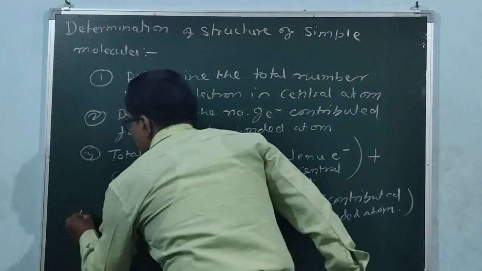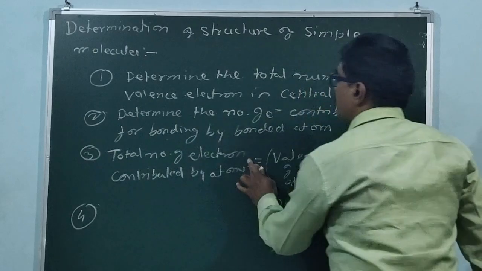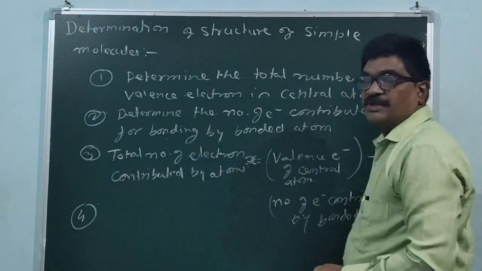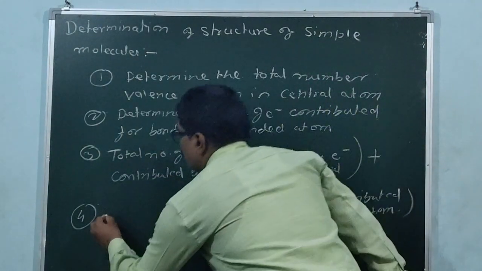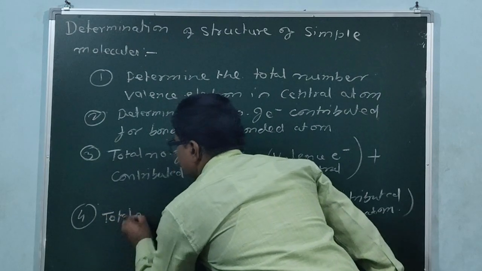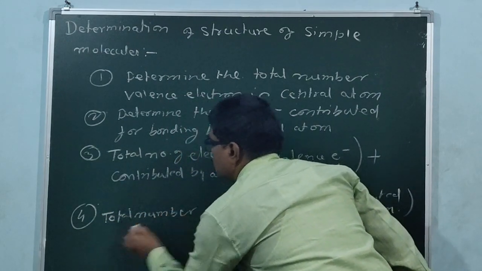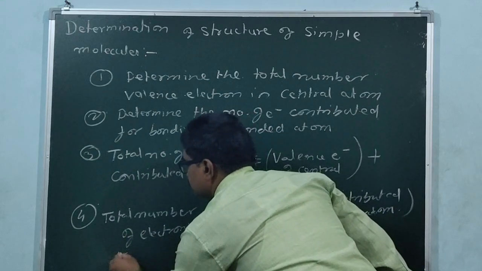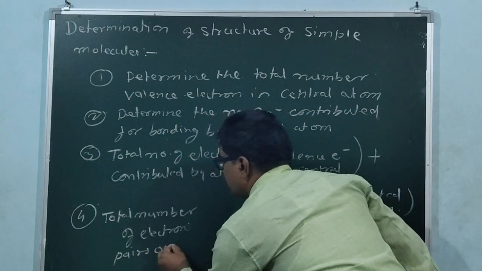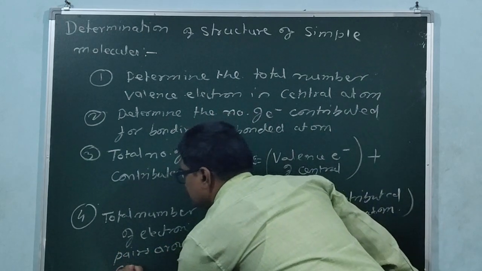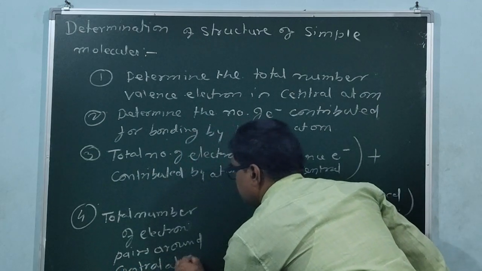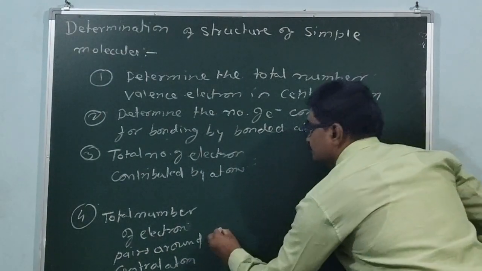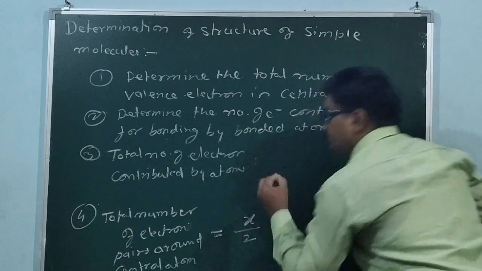Now the fourth step: suppose this total number of electrons contributed by the atoms in the molecule is X. Then the total number of electron pairs around the central atom will be equal to X upon 2.